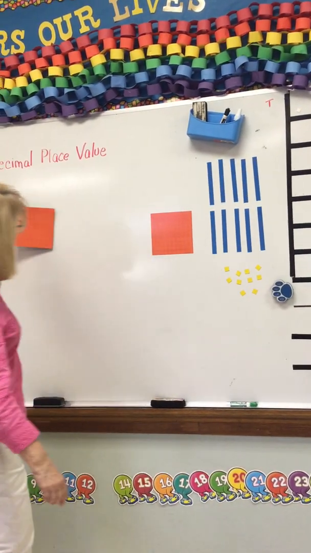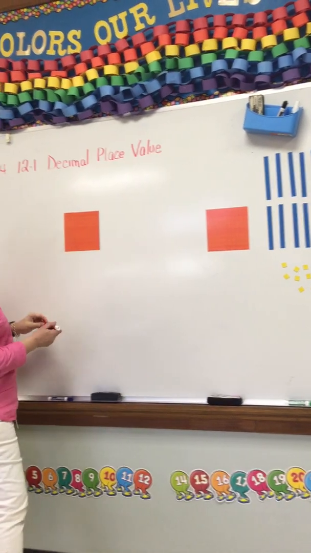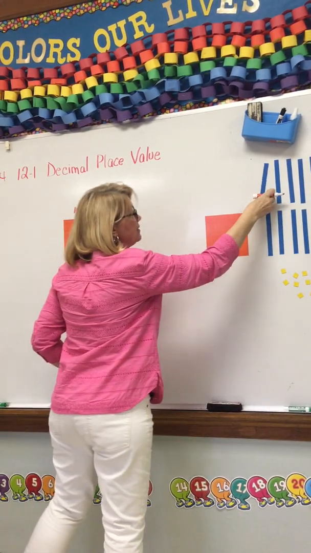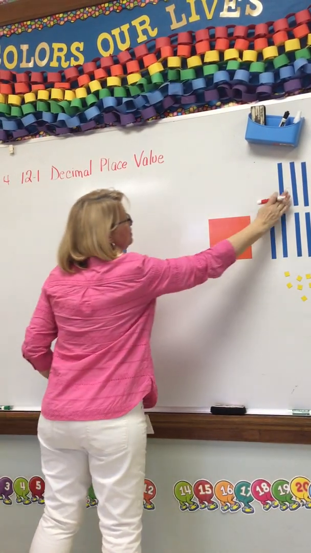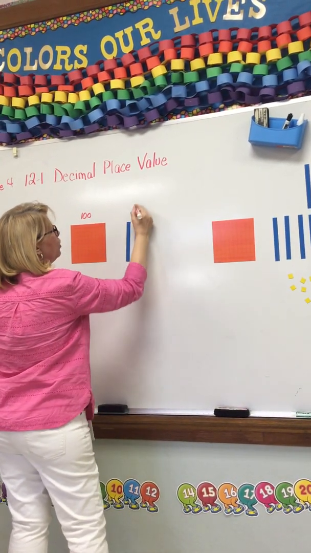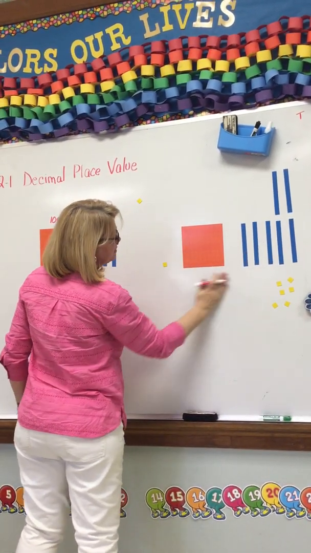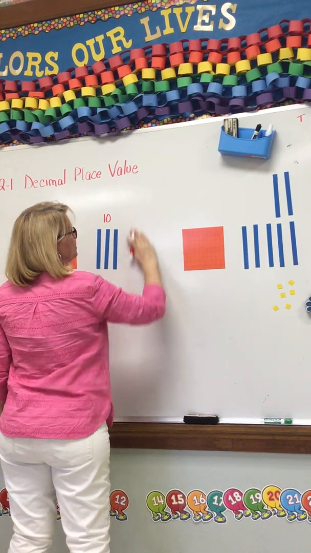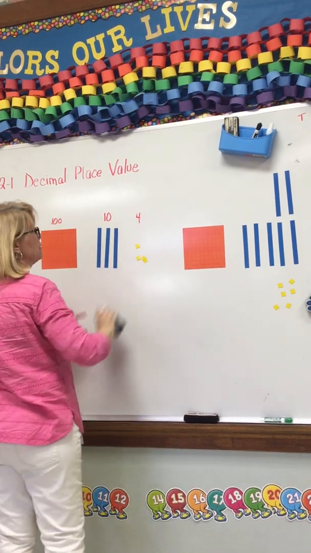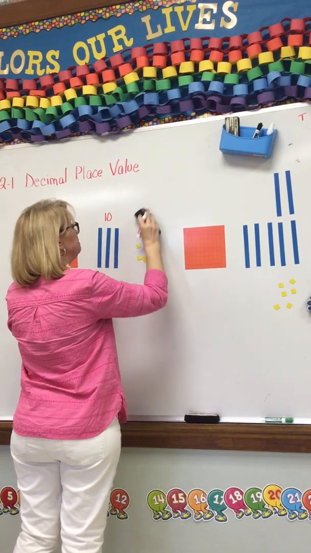So let's say I have 1 whole, and by the way, this is 100. Let's say I've got 1, 2, 3 ten sticks and 4 ones. Whoops, put them down here. I'm sorry, ones. I can't write today.